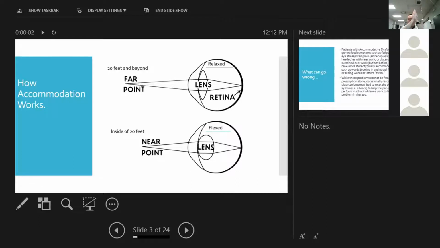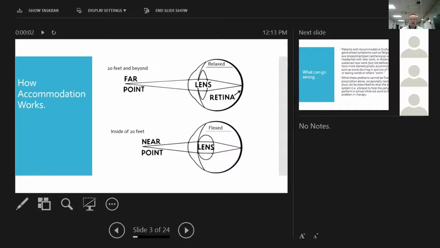And we have to remember that it is exponential. So the closer we get, it's not just 1 diopter, 2 diopter, 3 diopter, 4 diopter. No, it rapidly goes up, and there's a lot of math in that, and we're not going to go through all that.